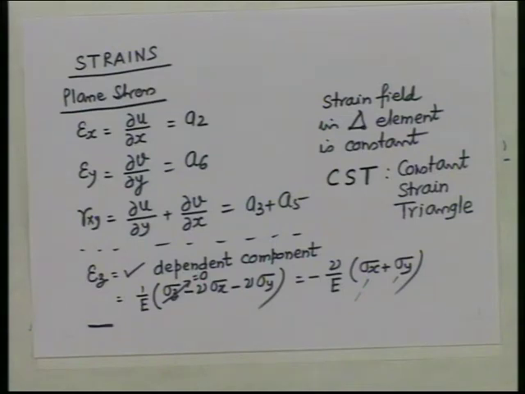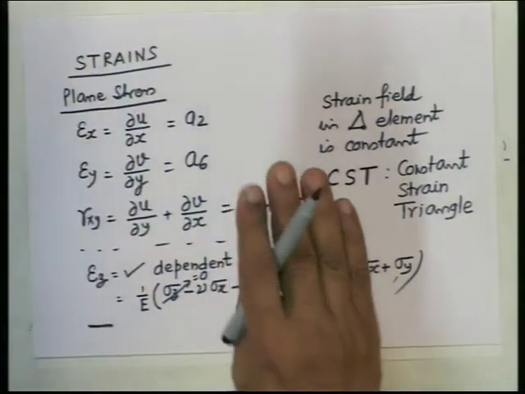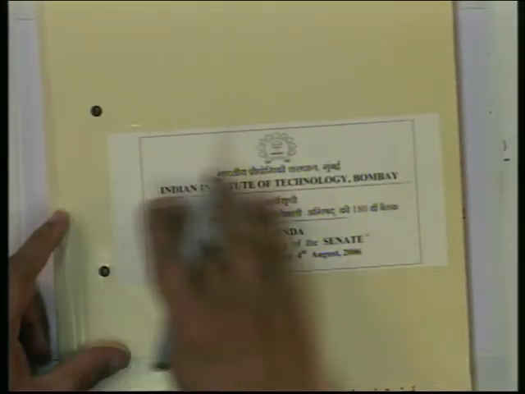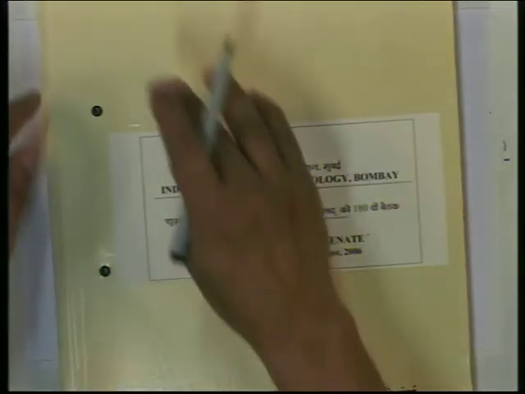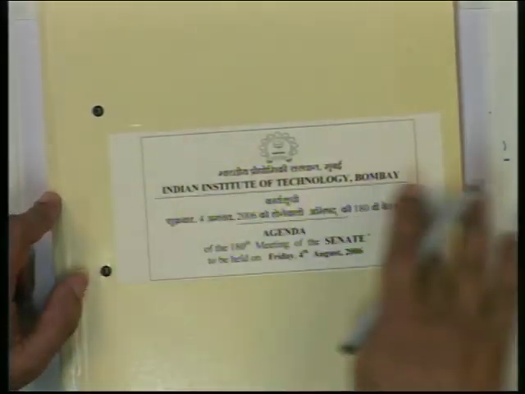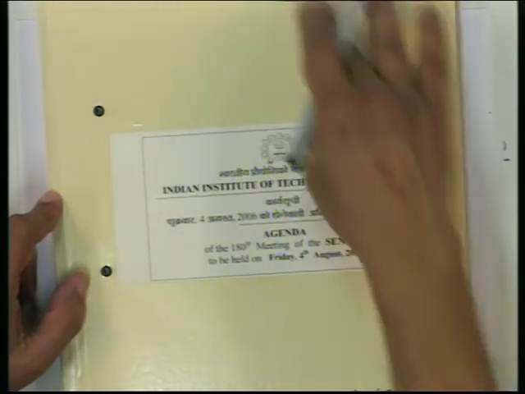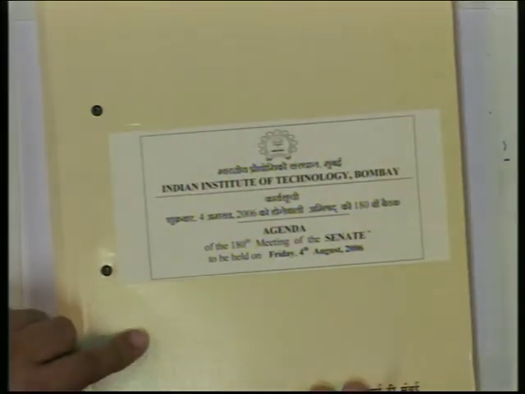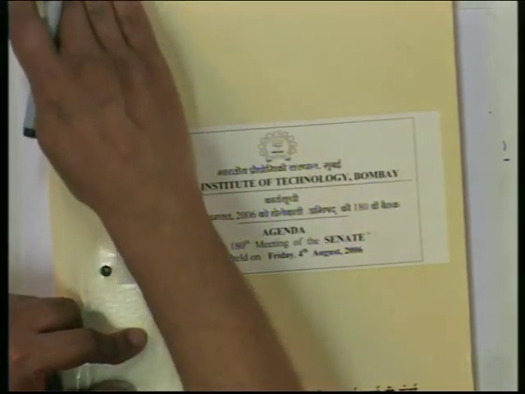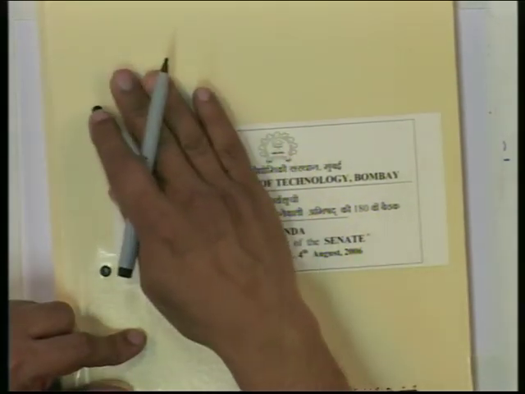But what will happen? You have this 2 dimensional domain divided into a number of triangles. Let us say you have divided this into 4 rectangles and then again into 8 triangles. Over each of these triangles the strain will be constant, therefore the stress will also be constant.